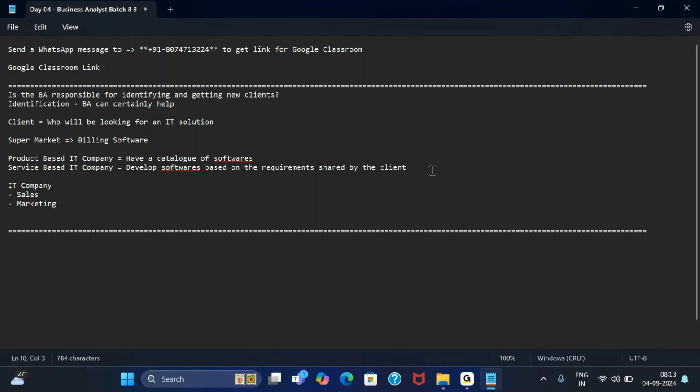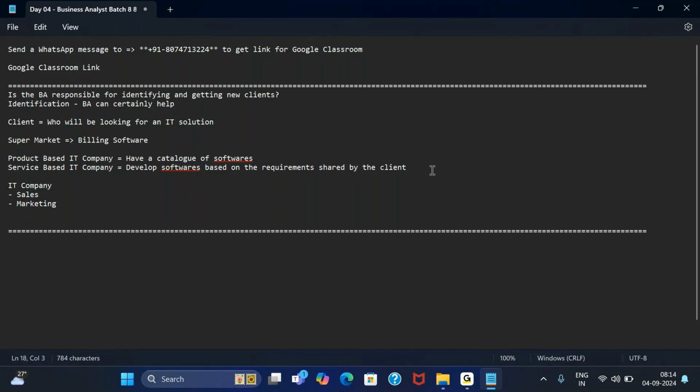Okay, suppose I have an IT company, but let's say I'm not doing anything related to artificial intelligence. I'm just building regular software, and a client is looking for an artificial intelligence software. Then my sales and marketing team will not approach that person because we are not doing AI related work.